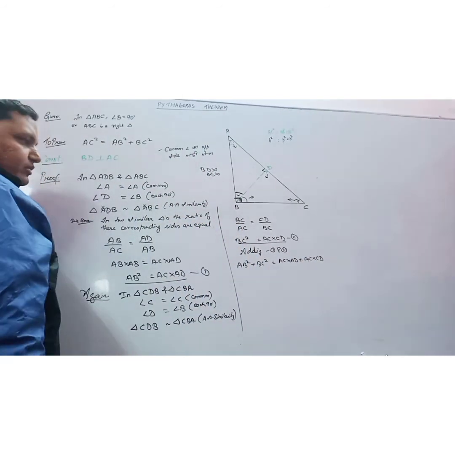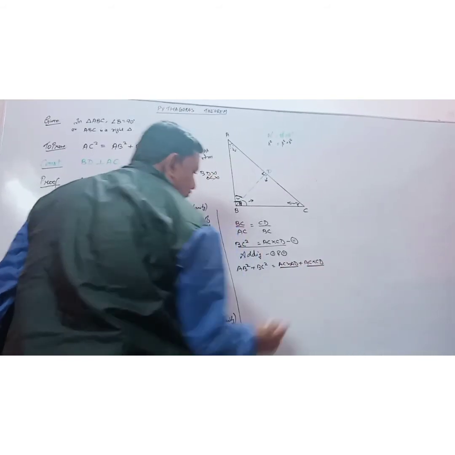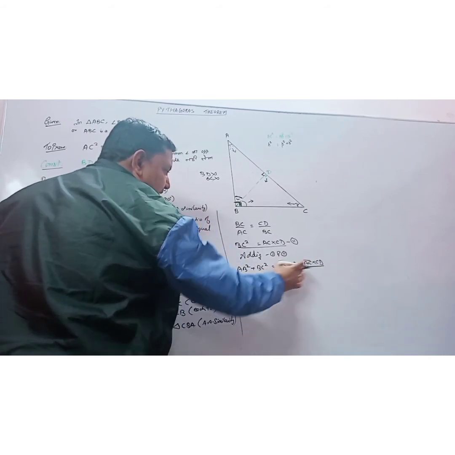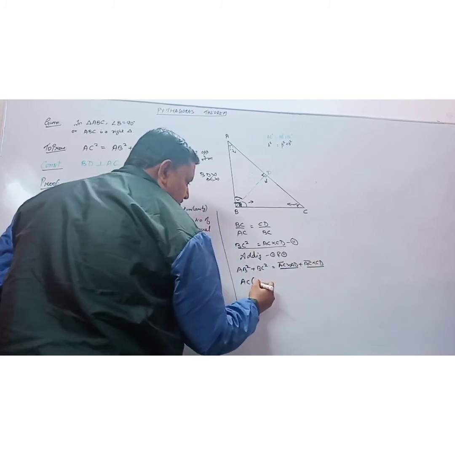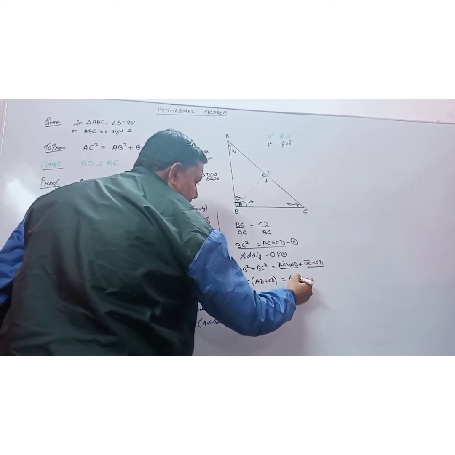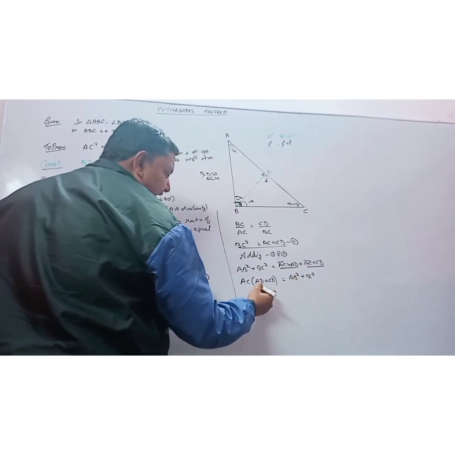Okay. Now in these two terms, what is common? AC is common, isn't it? This AC is common. Okay. I am writing this side in the LHS. AC is common. Left is what? AD plus CD. AD plus CD.